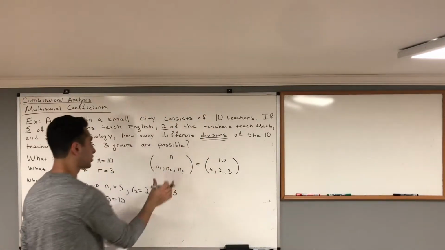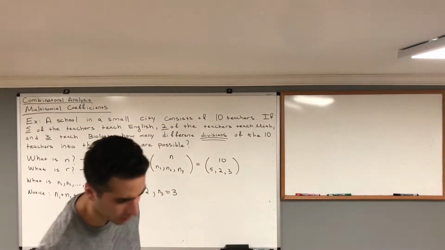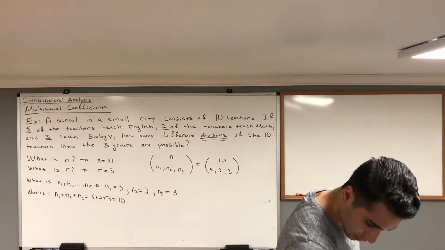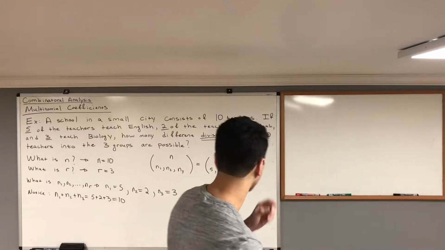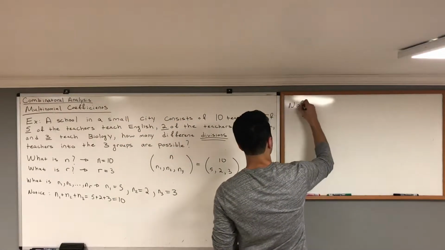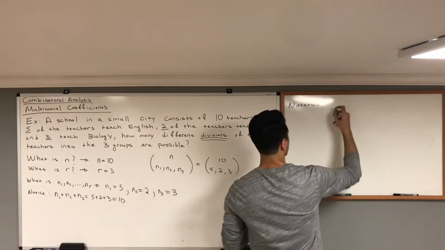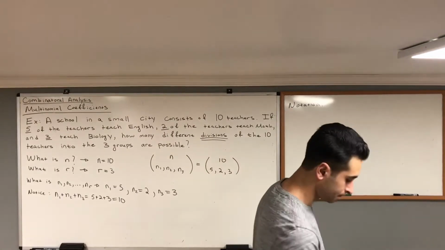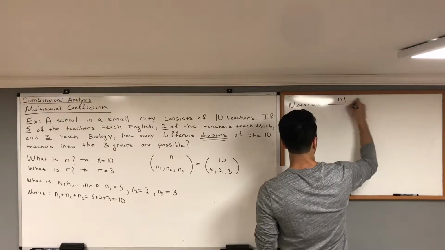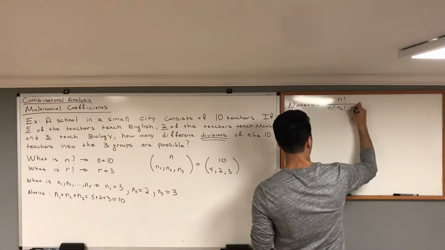And this is actually how we denote the multinomial coefficient. Did I write it down for you? No, I didn't. Okay, sorry, let me backtrack. So the multinomial coefficient is n factorial over n1 factorial times n2 factorial, all the way to nr factorial.